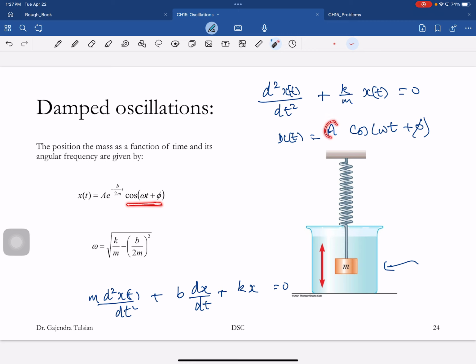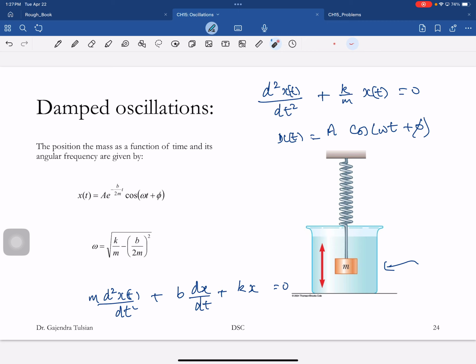It is just the amplitude got multiplied by this factor, an exponentially decaying factor. Okay, with friction present, what is happening? The amplitude is reducing every time. Energy is being converted to heat.